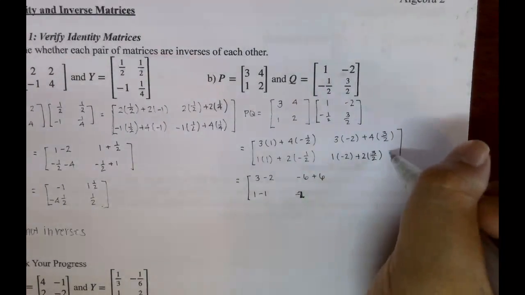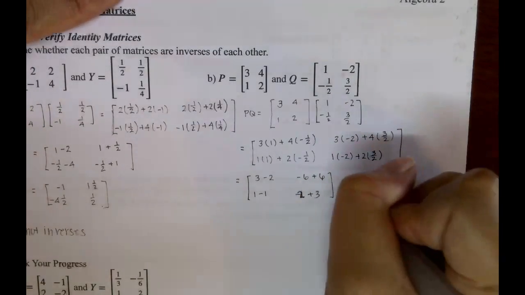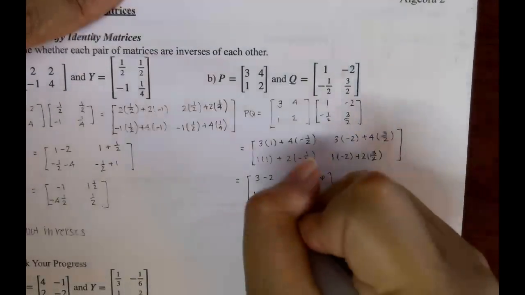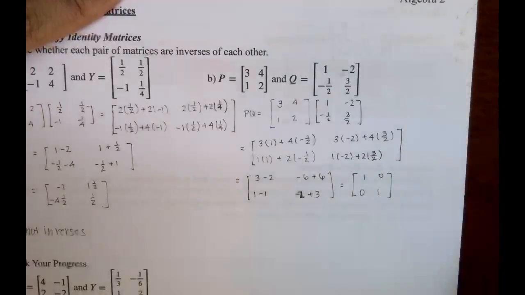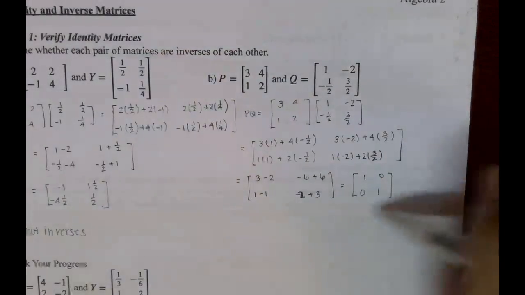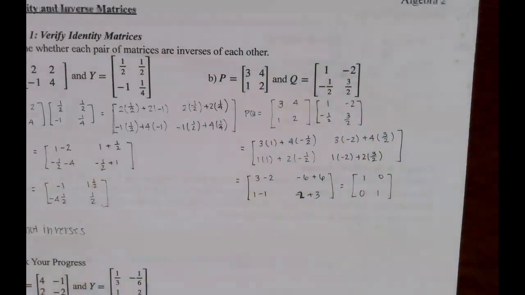And then 2 times 3 halves is 3. When I simplify it, 3 minus 2 is 1, negative 6 plus 6 is 0, 1 minus 1 is 0, negative 2 plus 3 is 1. Right? And so it worked. This is the identity matrix, right? 1 along the main diagonal and 0 on the others.